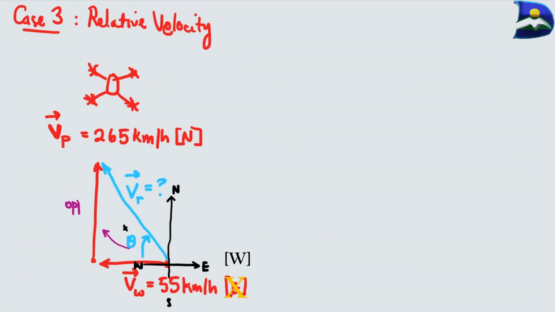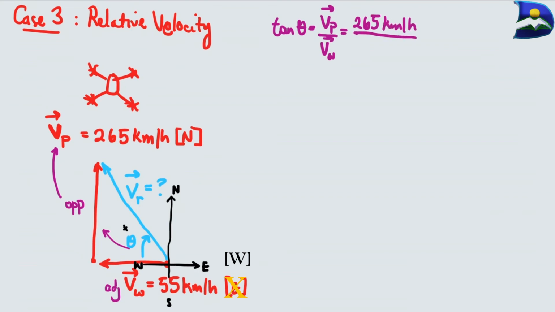Once we have this, and we take note that the square is going to be taken out and we put in our values, we are going to have the square root, and therefore our resultant velocity is going to be equal to 271 kilometers per hour, while the direction of our relative velocity is equal to north 11.7 degrees west.